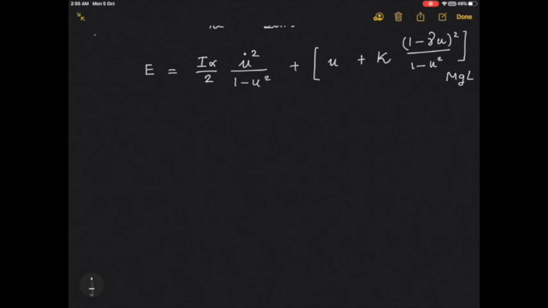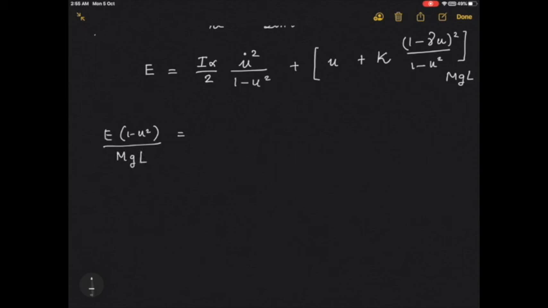What happens if I rearrange this? What I do is that I write E times 1 minus u square divided by mgl.